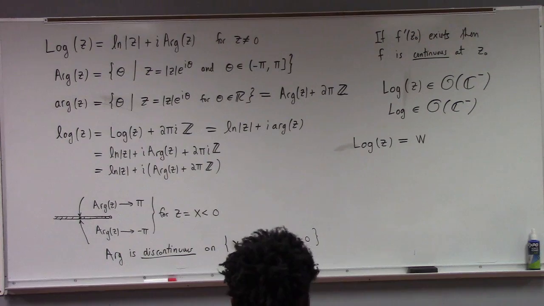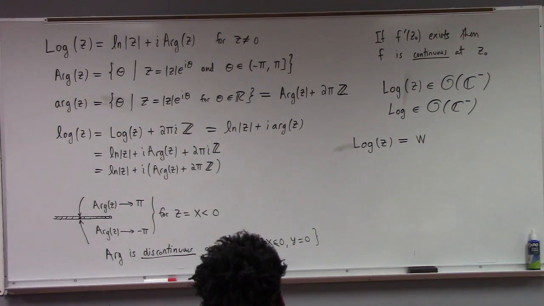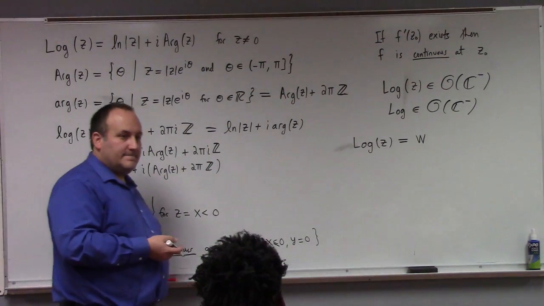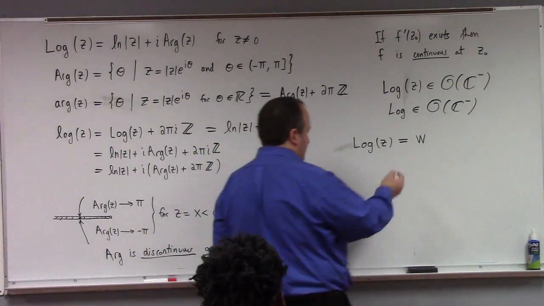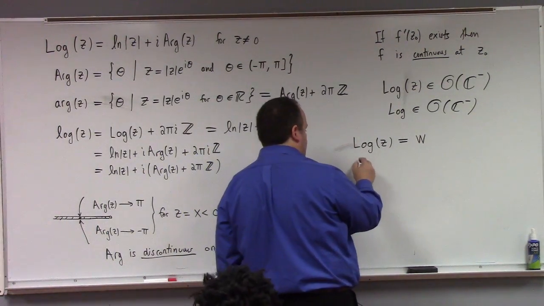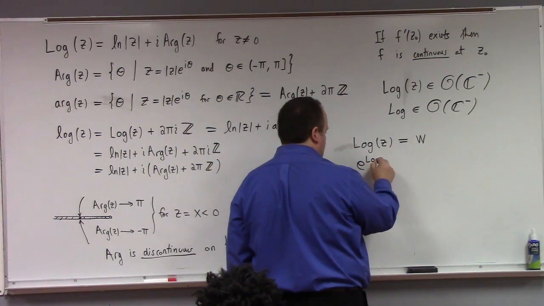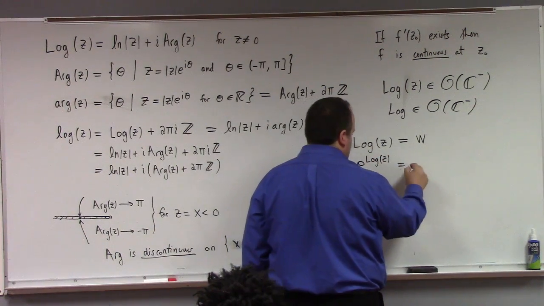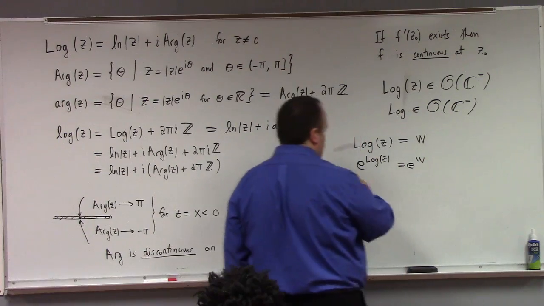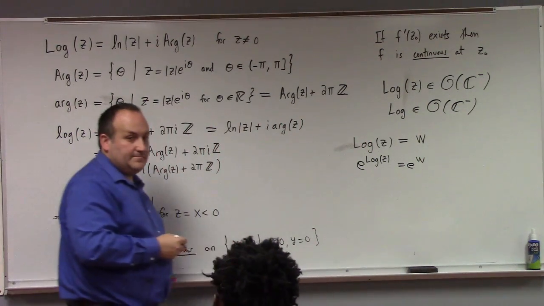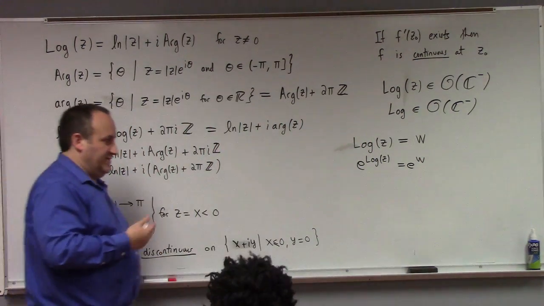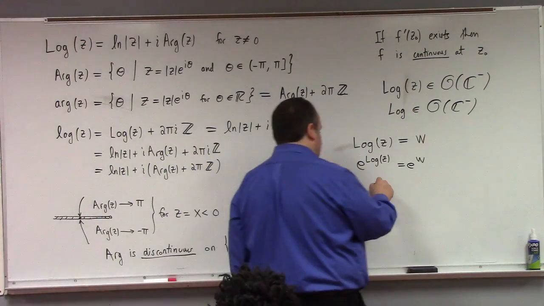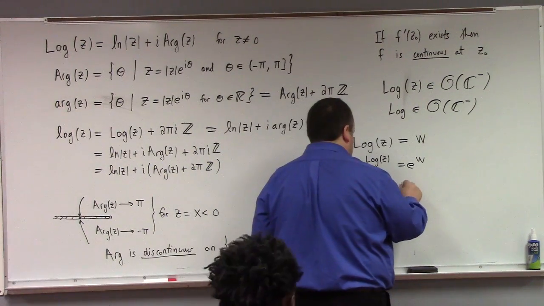How can I change this to something I already know how to differentiate? Put it in terms of e? Right, so exponentiate both sides. So e to the log of z is equal to e to the w. But by design, e to the log of z is just z. We defined log so that that would happen. So we have z is equal to e to the w.